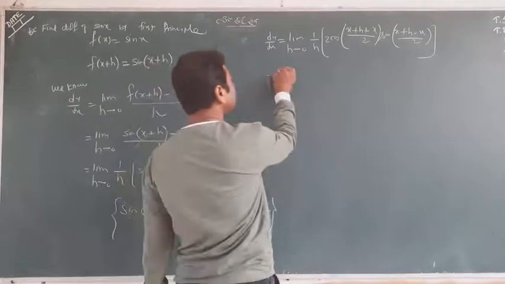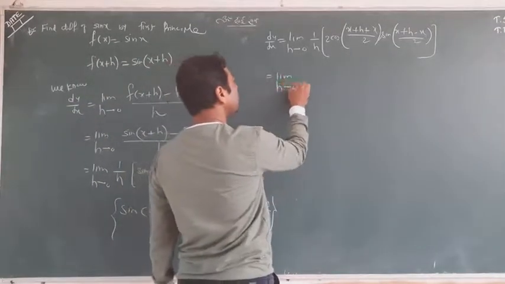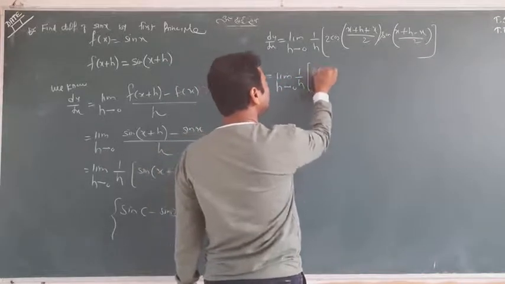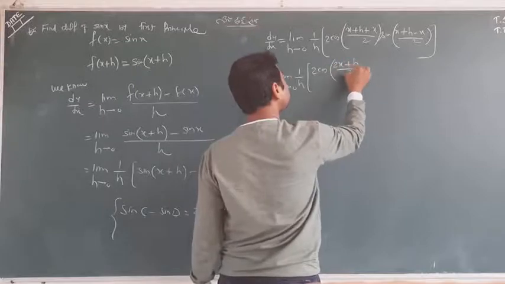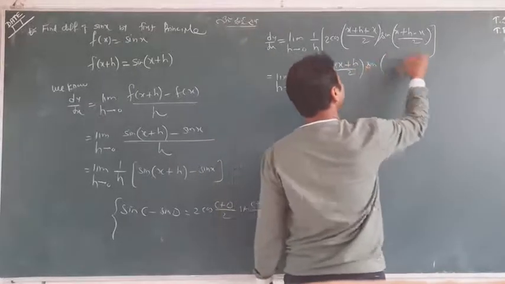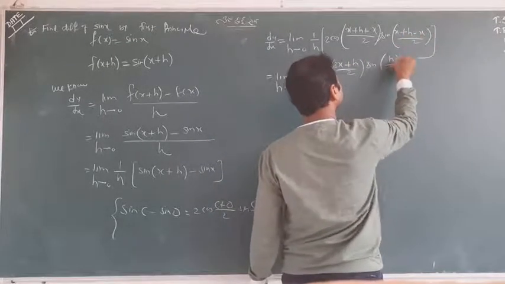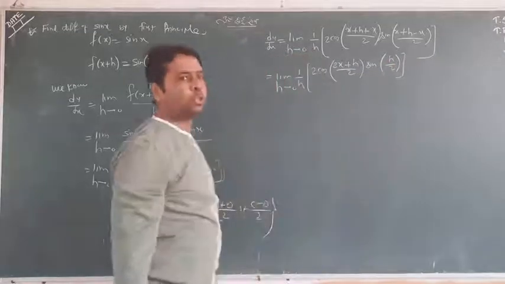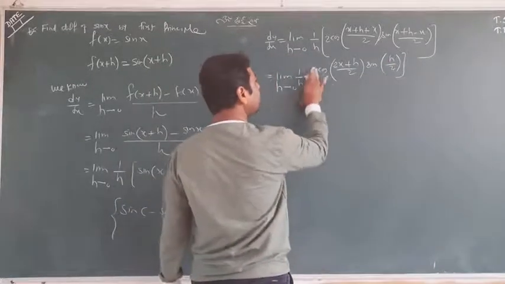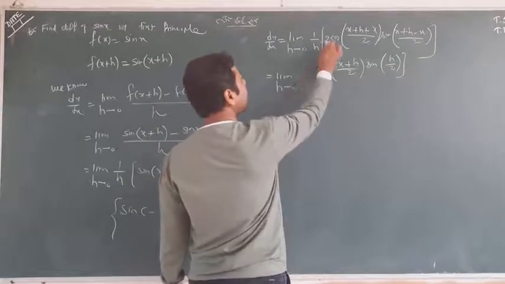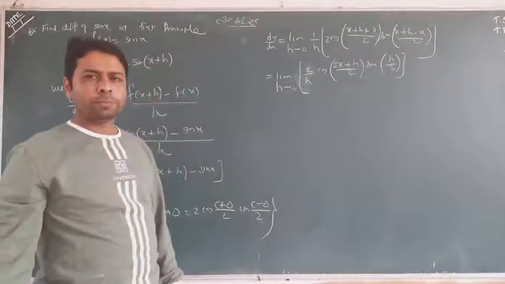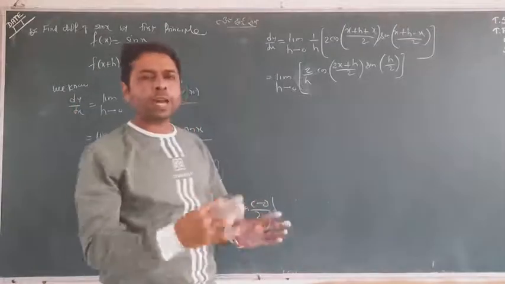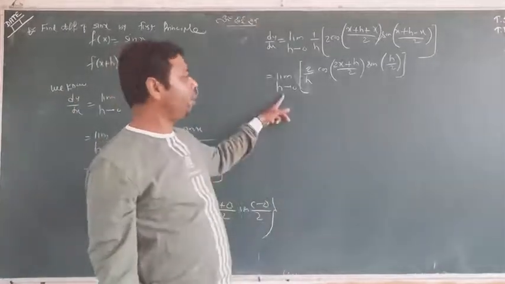Now go on that limit 1 by h 2 cos, this is going to be x and x, 2x plus h by 2, and after cancelling x and x you are having h by 2. So can I erase all this bracket, because 2 and h is going to be 2 by h. It's better.